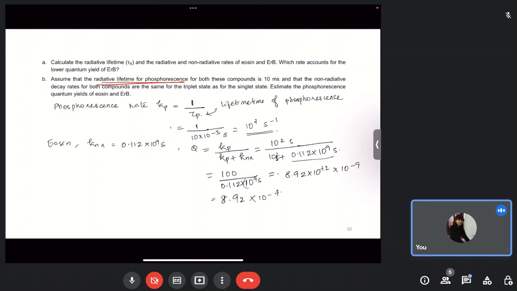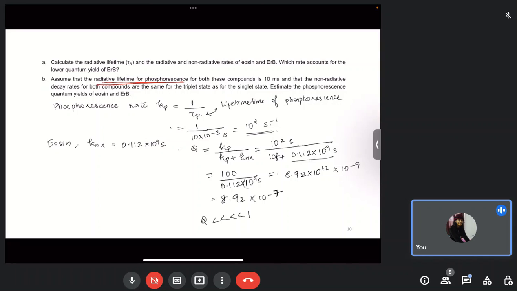So you can see that the phosphorescence quantum yield for eosin is very much less than 1, right? It is nowhere like 0.1, 0.13, things like that. It's way less than 1. So that's why we don't see as much phosphorescence for a lot of fluorescent molecules.